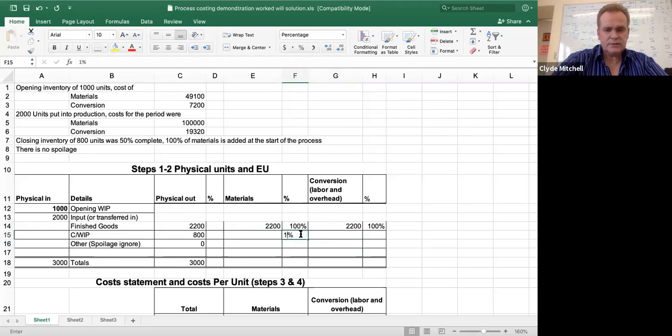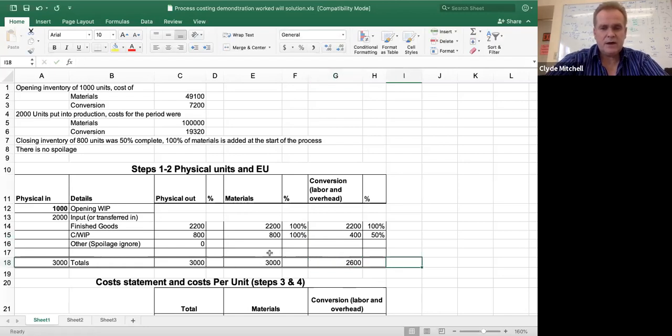So materials is 100%. So 100% times 800 will give us 800. And our total equivalent units for materials is 3,000. But for our conversion, our closing work in progress is half finished. So 50% times 800 is going to give us 400. And so our equivalent units down here are 2,600.